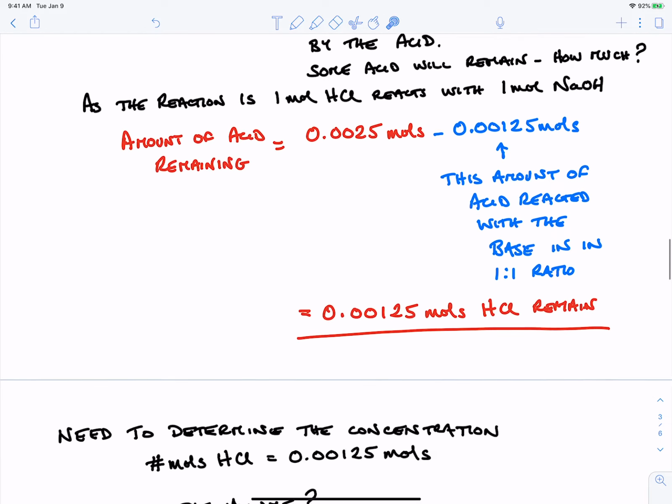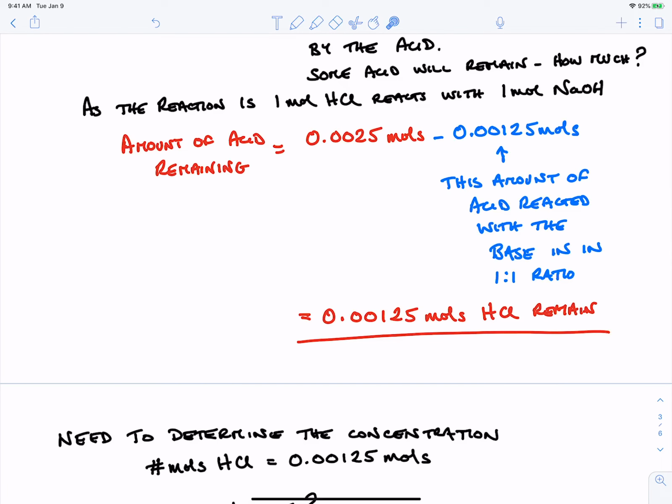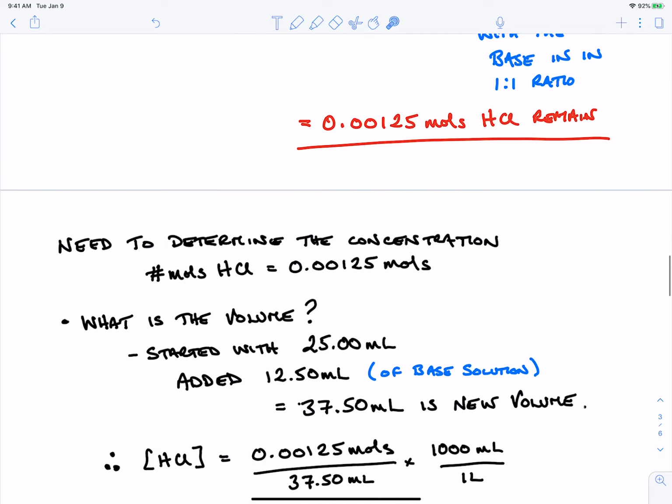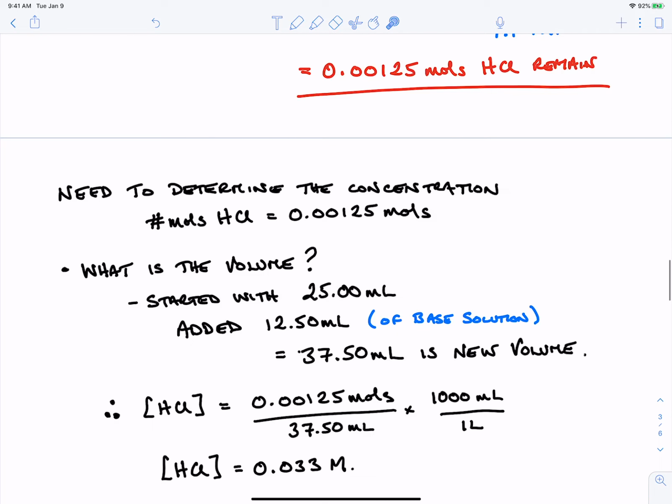And so at this point now we need to determine the concentration of this HCl that's left. We know the number of moles of HCl. We need to know something about the volume, because concentration is moles divided by volume. Well, the most important thing to realise is, what is the volume? We started with 25 millilitres of acid in the flask. We added 12.5 millilitres when we added this base solution. So the new volume is 37.50 millilitres.